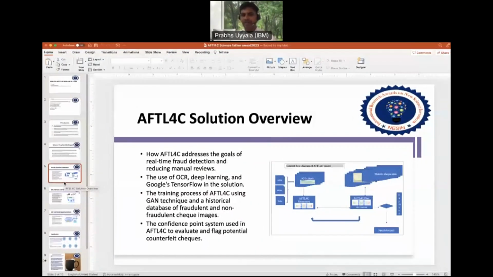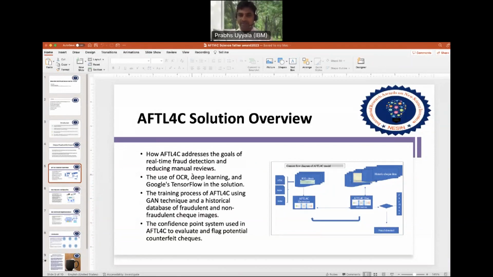The new GAN, AI-based, machine learning-based approach, which we trained using our proprietary algorithms with GAN techniques, is trained on the historical database of fraudulent and non-fraudulent checks and images.